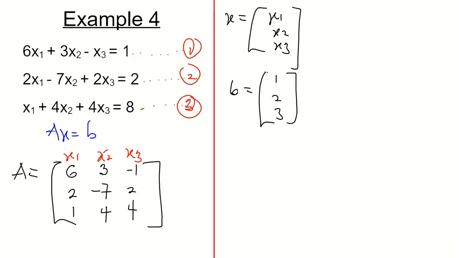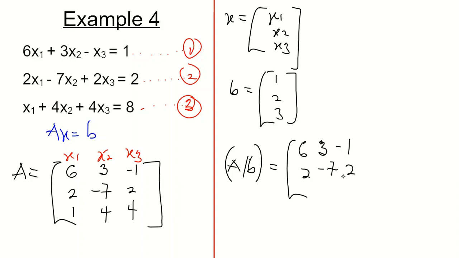And so to augment these matrices, we have A slash B. Then we have our matrix augmented as 6, 3, -1, 2, -7, 2, and 1, 4, 4. We bring our vertical line in between those two matrices, and we have the matrix B as 1, 2, 3. So this is how we augment matrices for systems of linear equations.